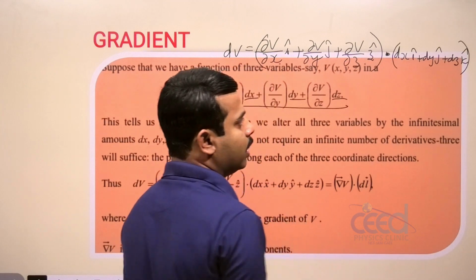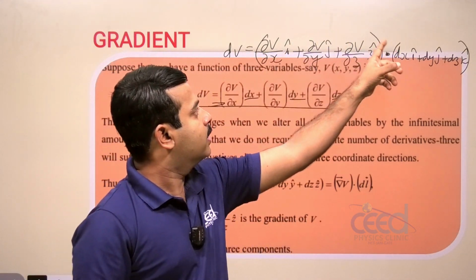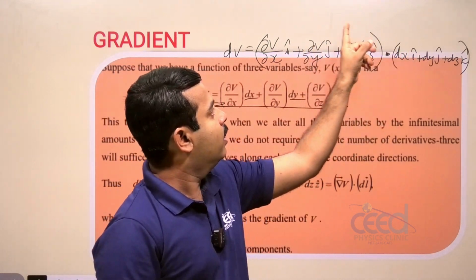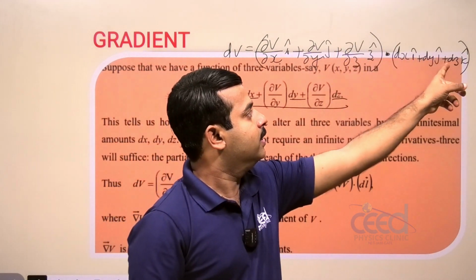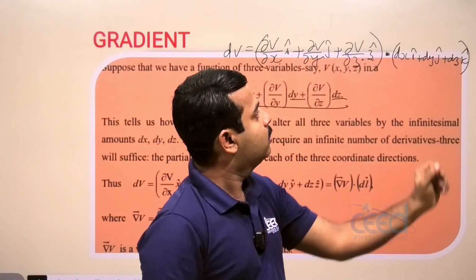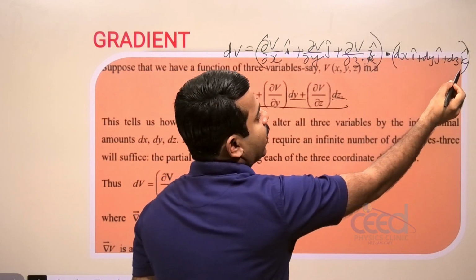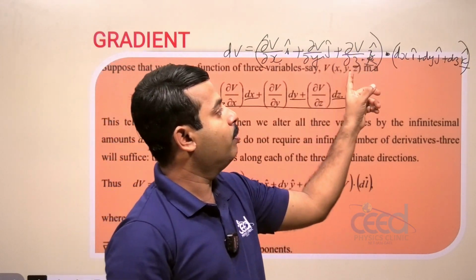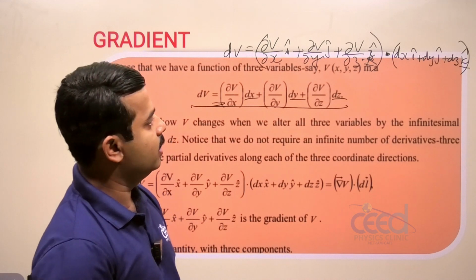Now take the dot product: dou v by dou x dx, i dot i is 1; dou v by dou y dy, j dot j is 1; and dou v by dou z dz, k cap dot k cap is equal to 1. So definitely I can represent it like this.